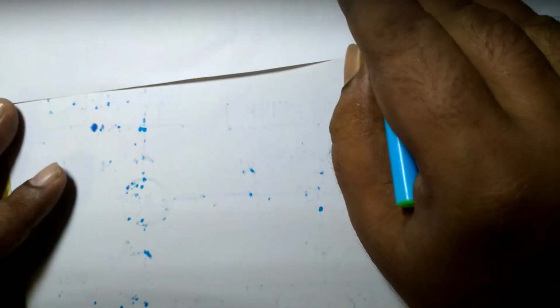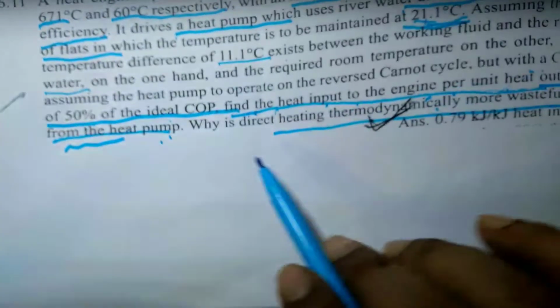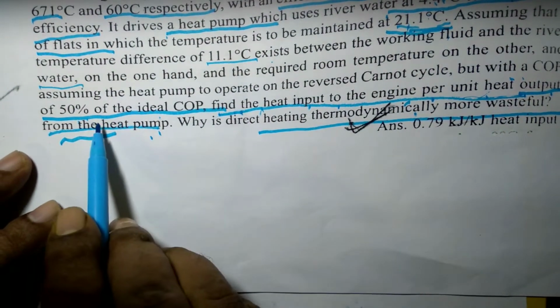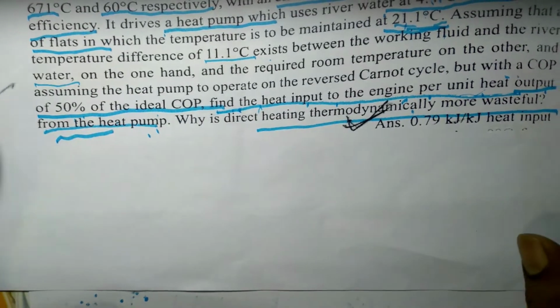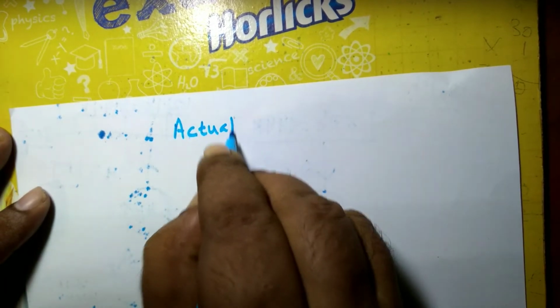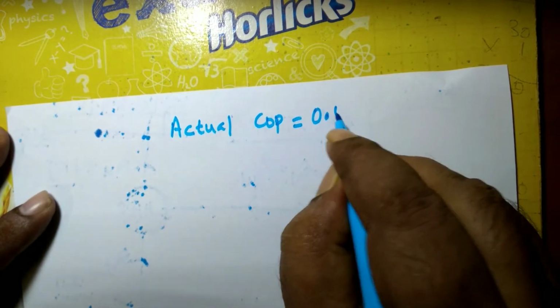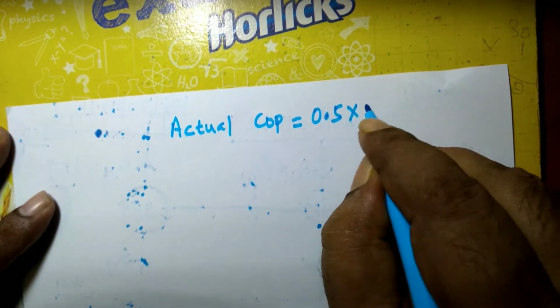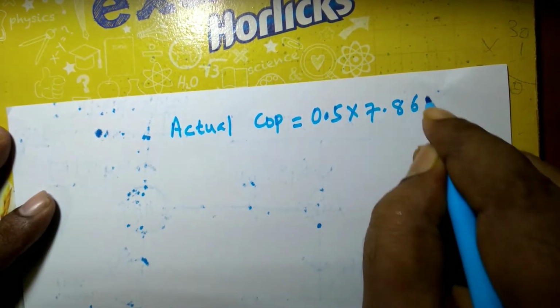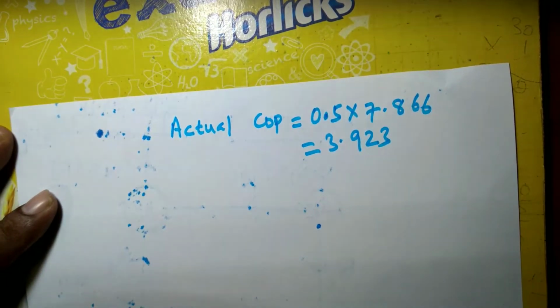But as per the question, the actual COP is 50% of the ideal COP. So actual COP is equal to 0.5 multiplied by 7.866, that is 3.923.